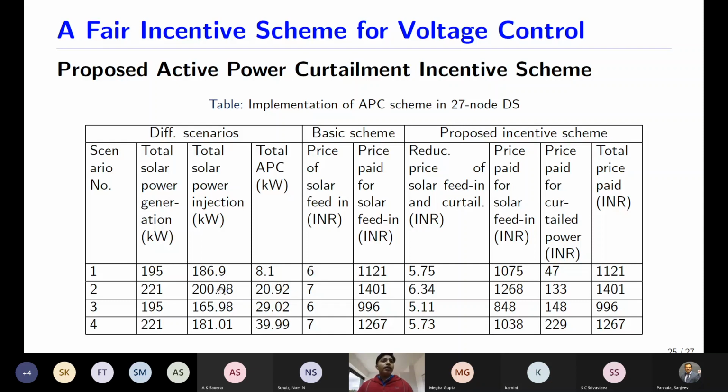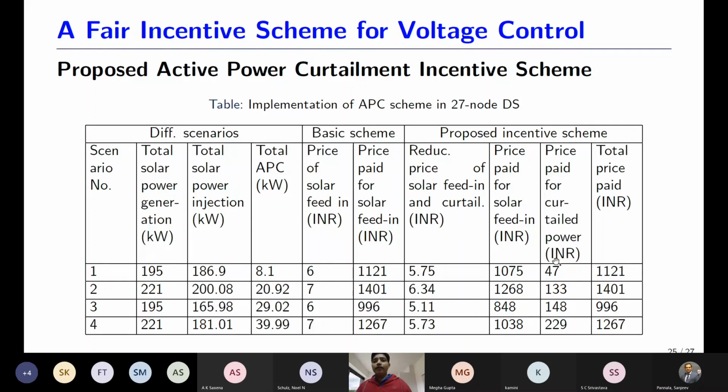For example, suppose it is a scenario. Suppose total solar power generation is 195 kilowatt, actual injection is 186, and 8.1 kilowatt are curtailed. The actual cost of solar energy is 6, and by using that formula I reduce it to 5.75 so that I can pay the participants who are curtailing active power.